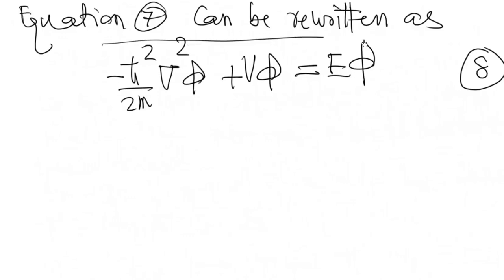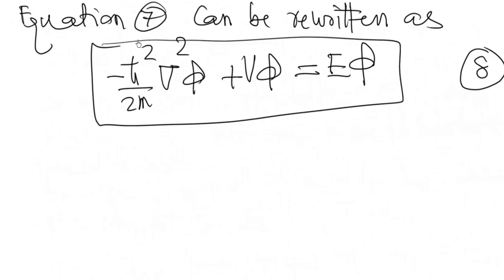This equation is known as the time independent Schrodinger equation.